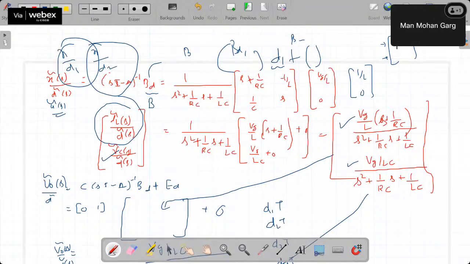If multiple inputs are there, then these columns will be like this. So this is for the first input, this is for the second input. Right now there are 2 transfer functions only. If 2 inputs are there, there will be 4 transfer functions. Now these 2 variables will also be there. So I hope I answered your question somewhat.